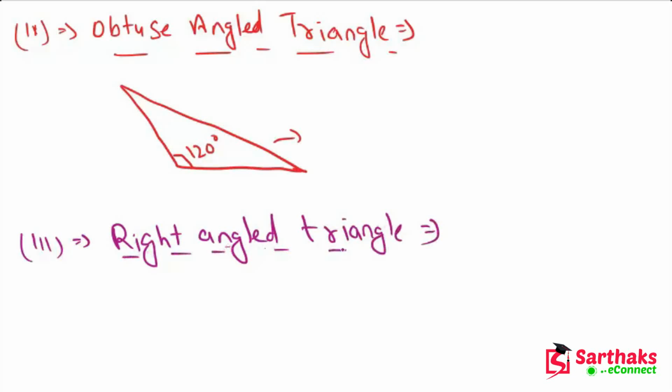Right angle triangles are those triangles in which one angle must be 90 degrees, like this. This is 90 degrees. So this is called a right angle triangle. I hope you understand these things. So let's move on.